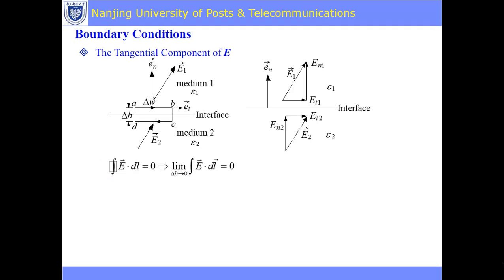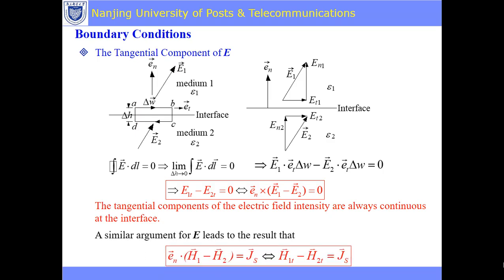Okay. Now, what about H? What is happening to H? Why is it equal to current density? Why is it not equal to 0? Electric is 0. Magnetic is chaos. When we talk about E, the electric field, we say it is equal to 0.